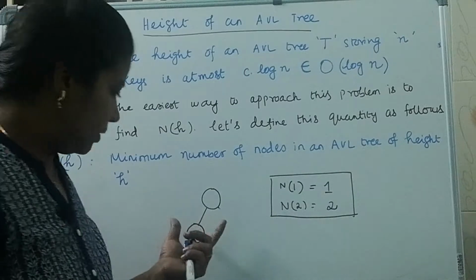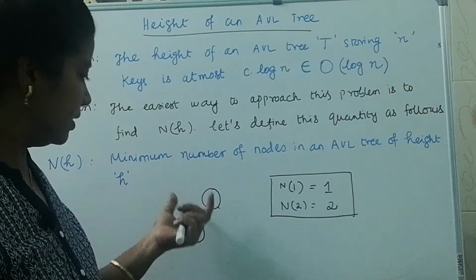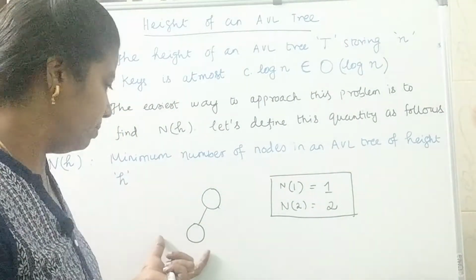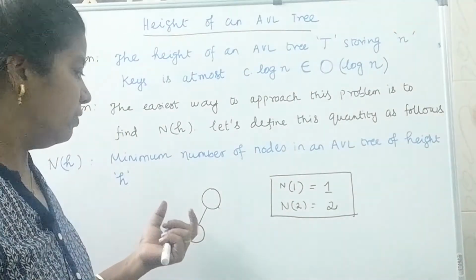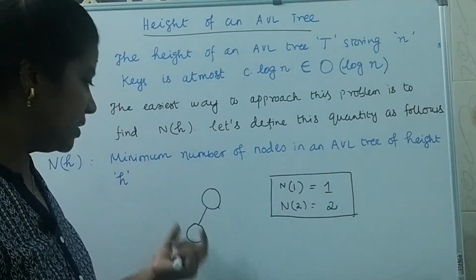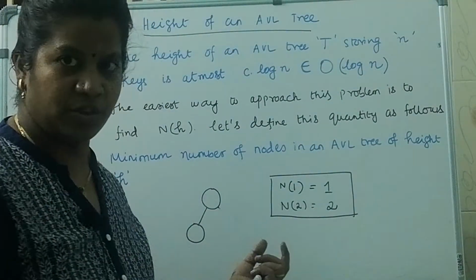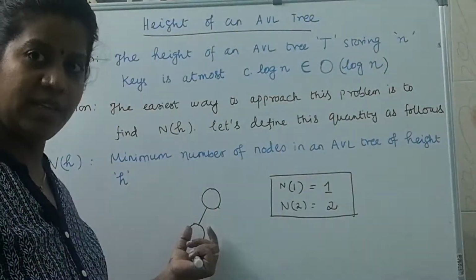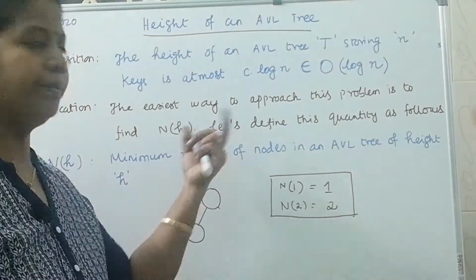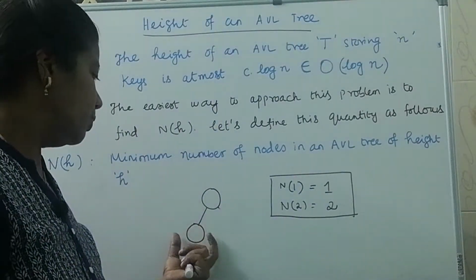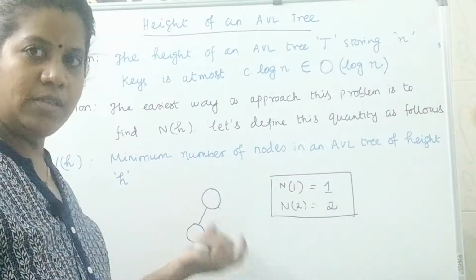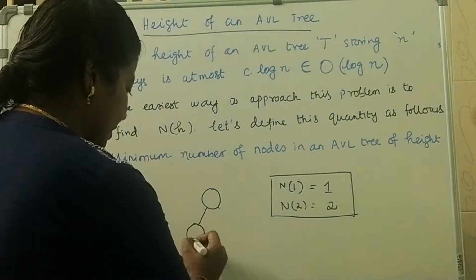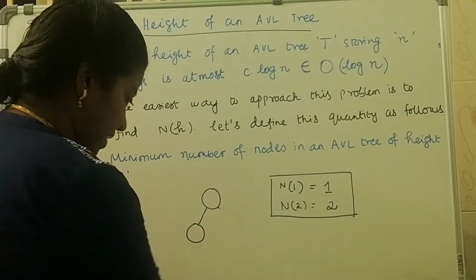So the claim is that you take this bad tree, right? In the BST, this kind of tree is the very bad kind of binary search tree. So we are trying to take the worst case binary search tree and then try to prove that the height of such worst case tree is log of n. If we prove it for the worst case, the best case is also true. So we are trying to take such a bad AVL tree.